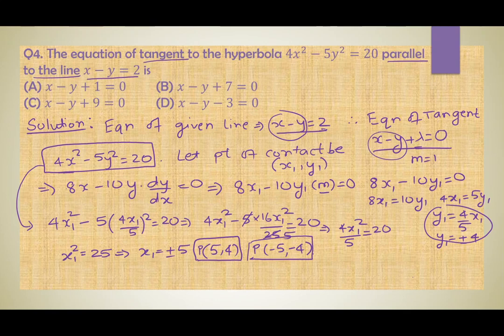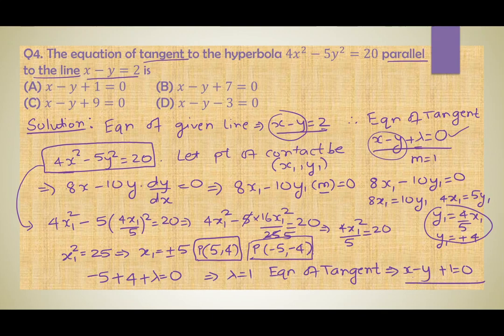As soon as I substitute minus 5 comma minus 4 in the equation of the tangent, I get minus 5 minus of minus is plus 4 plus lambda equal to 0. So what is the value of lambda? Lambda comes out to be 1. So what is the final equation of the tangent? It comes out to be x minus y plus 1 equal to 0. And that's why this is the correct answer here.